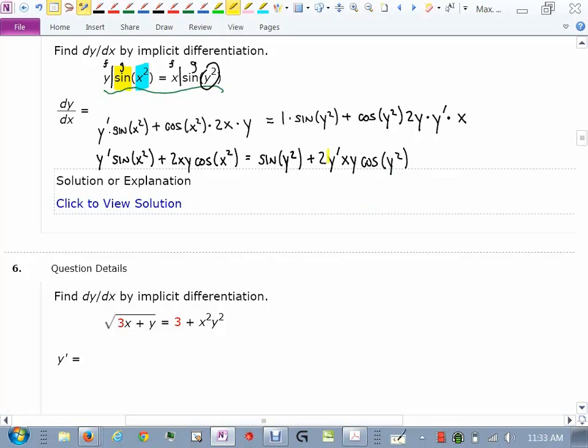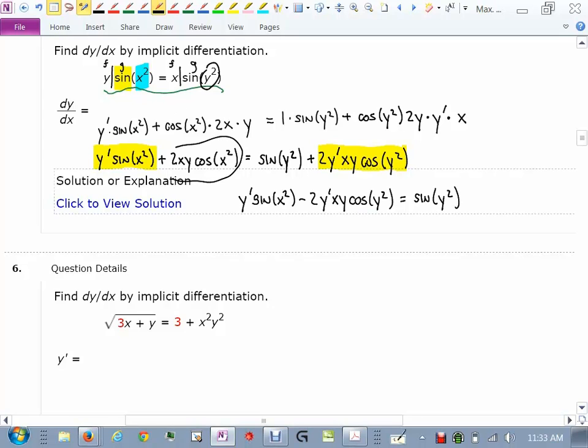And now the two terms that have y primes in them are here and here. So I'm going to move them to the left side and then everything else to the right side. So y prime sine x squared. I bring over the other one so it becomes negative. And then on the right side, I still have that sine y squared, but then I need to bring this guy over. So that's going to be minus 2xy cosine x squared.